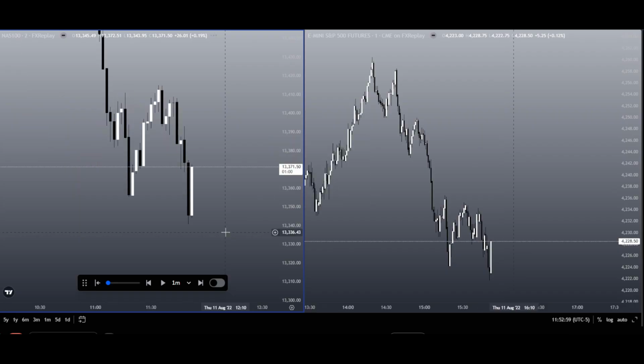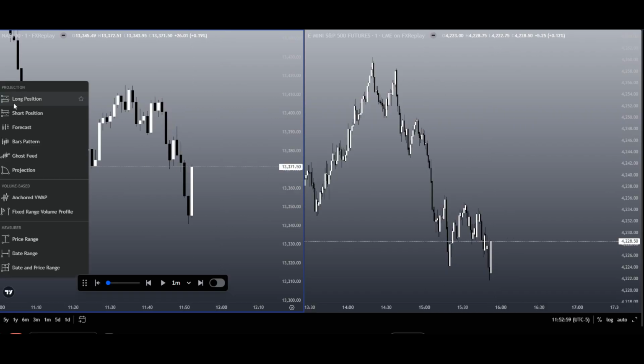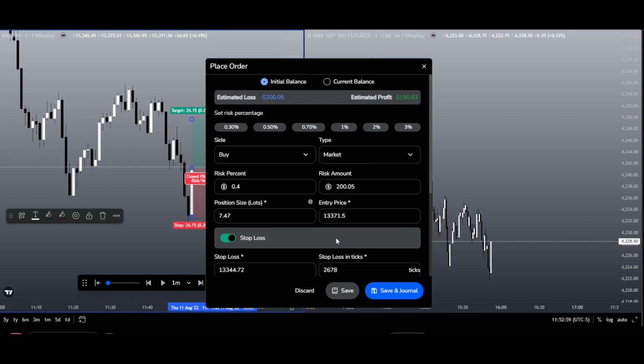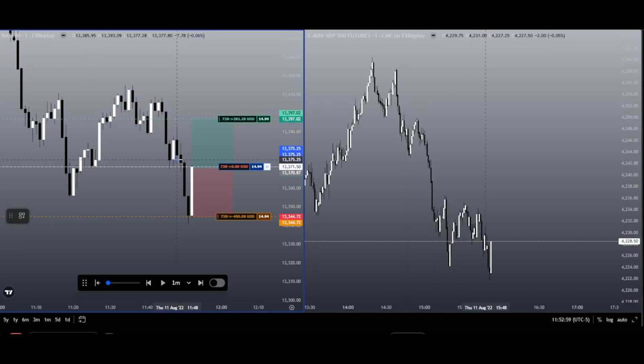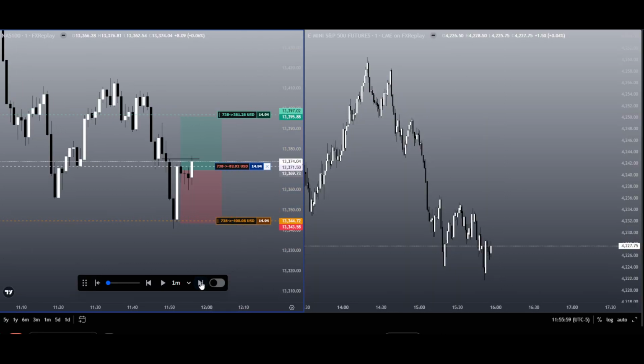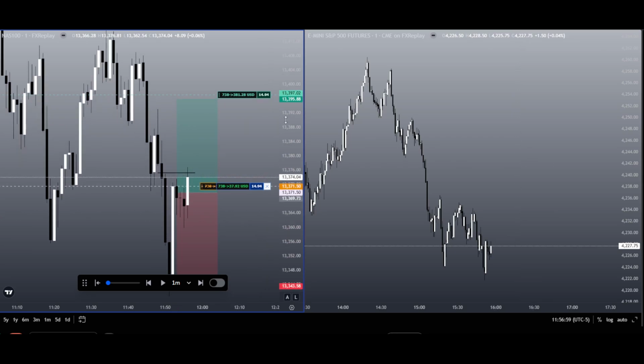Oh, there's 2 gaps. Actually, I'm gonna take this 1 minute and go break even at the next one. I technically can't do that. I just got break even right here. I don't really know if there's a point though. Okay, break even there.